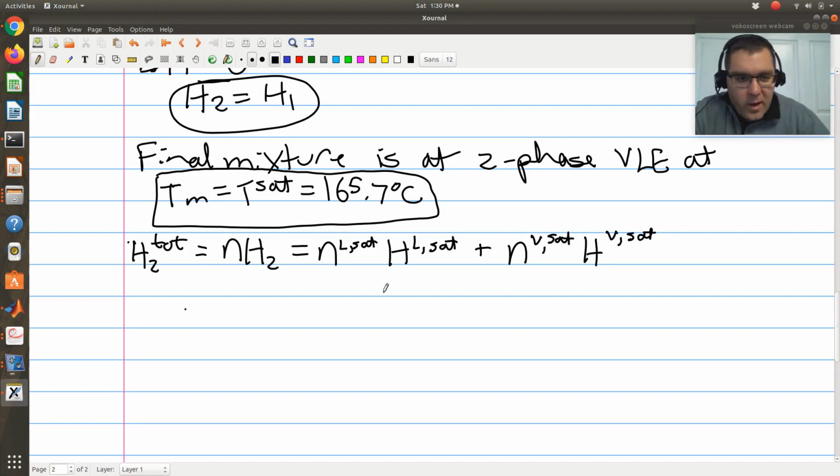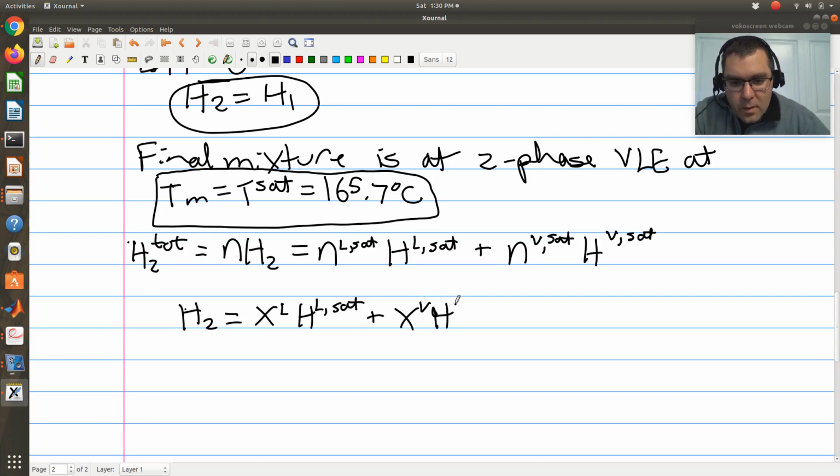Okay. We divide through by N, the total number of moles, and we get that H2 is equal to N_L over N total, that's just going to be my fraction liquid, and I'll just write it as XL, times HL sat, plus XV times HV sat.